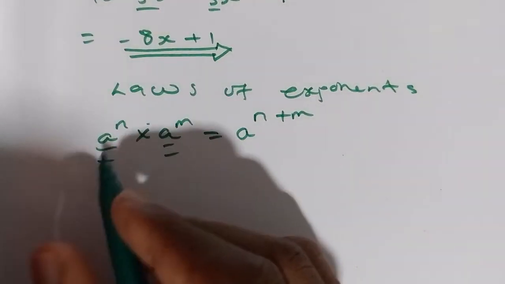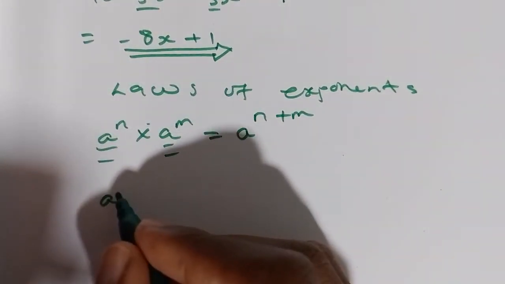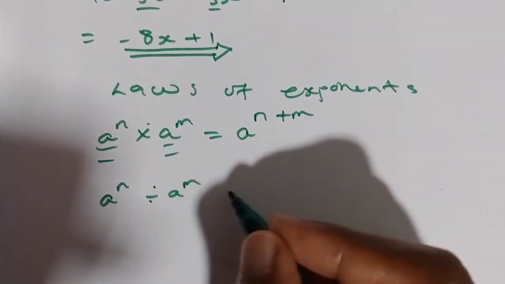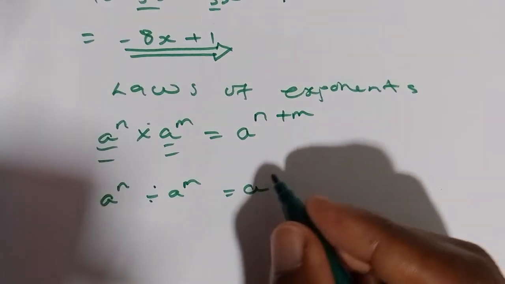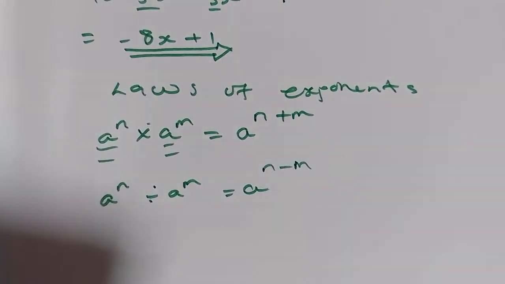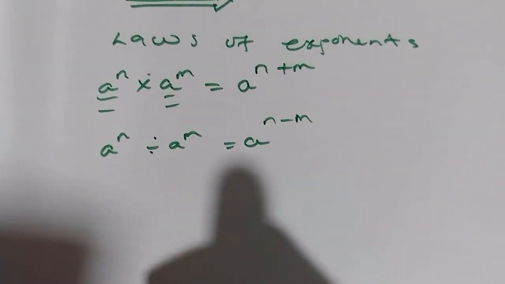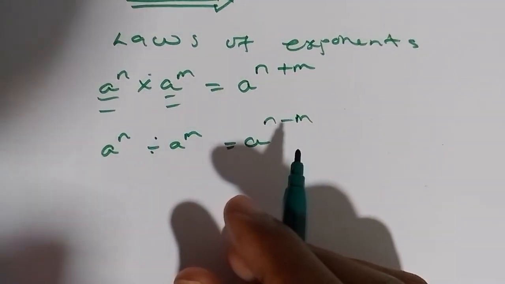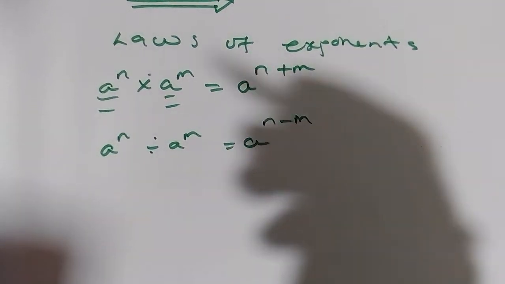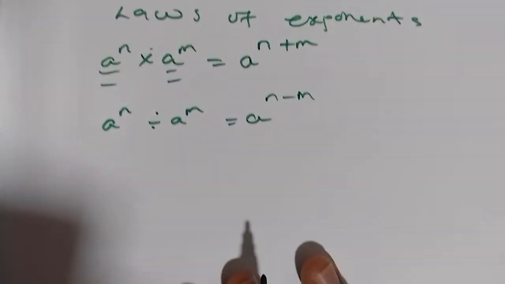Then the second one, a to the power n divided by a to the power m, will just give me a to the power n minus m. These are the laws that will mostly work in this chapter, the expressions, the exponents.